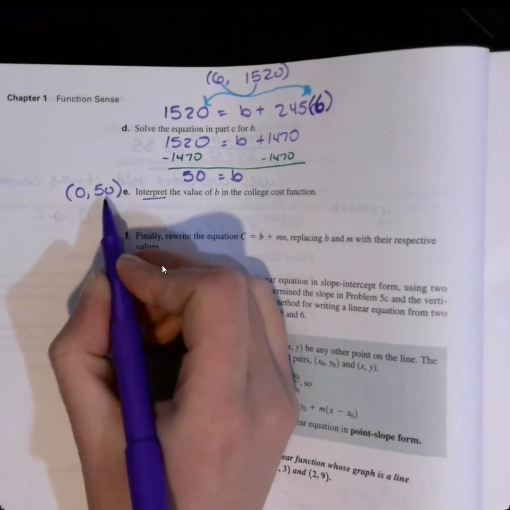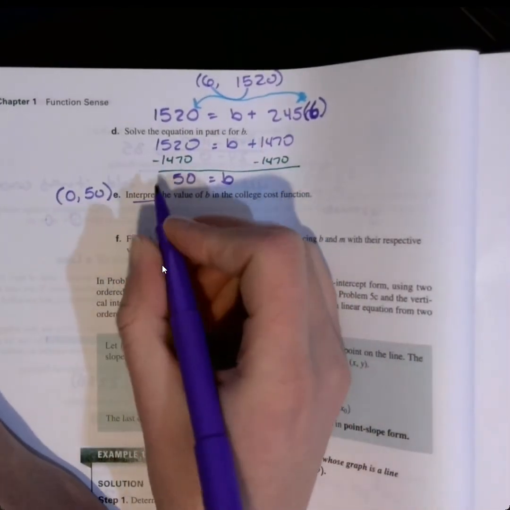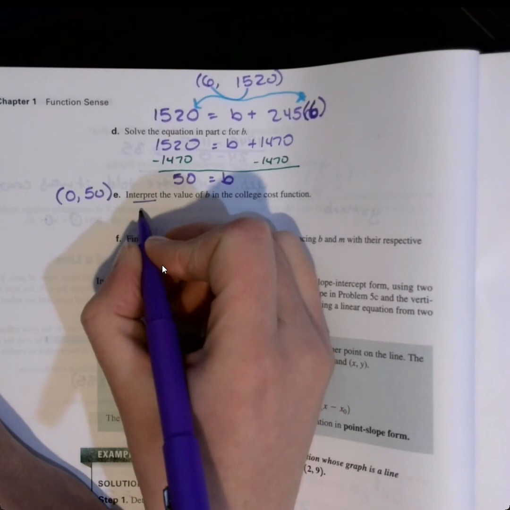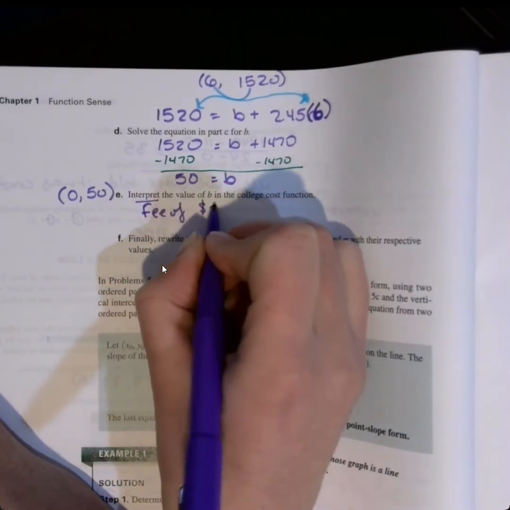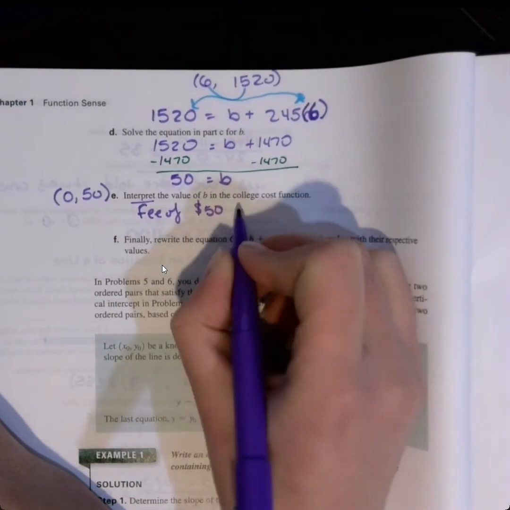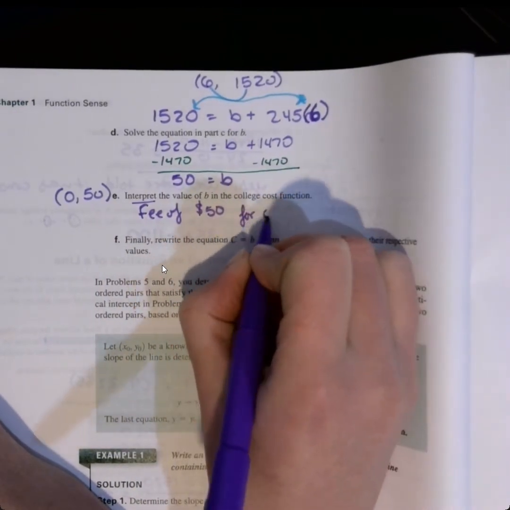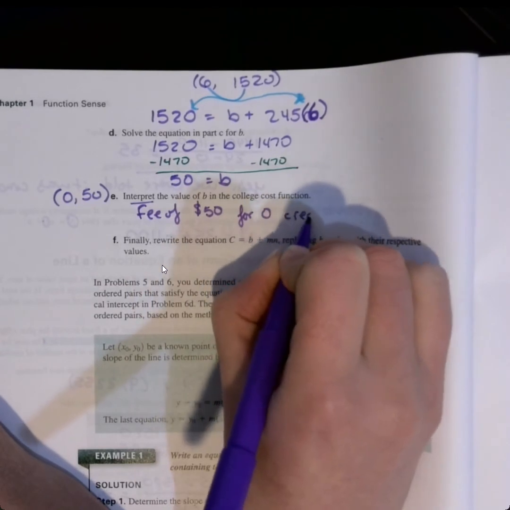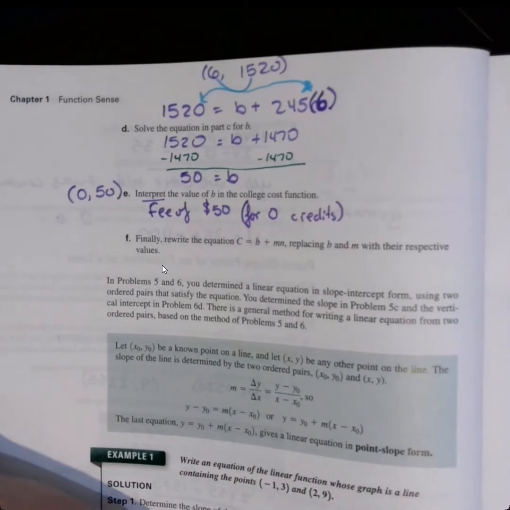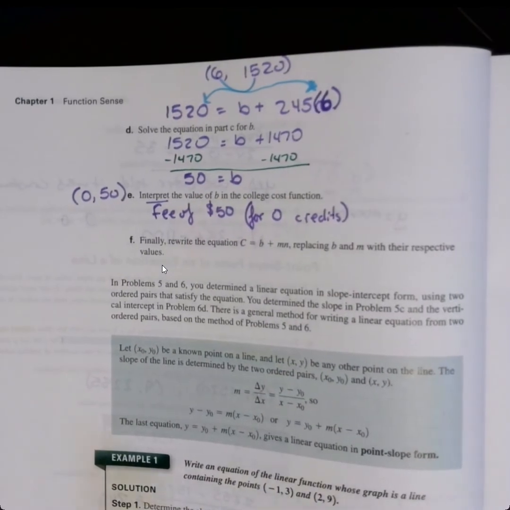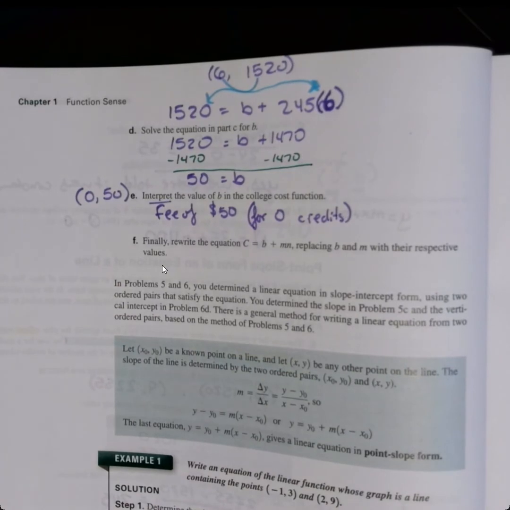So this must be a course fee or a registration fee. So we can infer that there is a fee of $50. Okay, $50. So for 0 credits, I'll write that part in parentheses. Just saying there's a fee of $50 is sufficient because it assumes that there's no credits being taken. That's just the fee that you would pay on top of your tuition cost per credit.